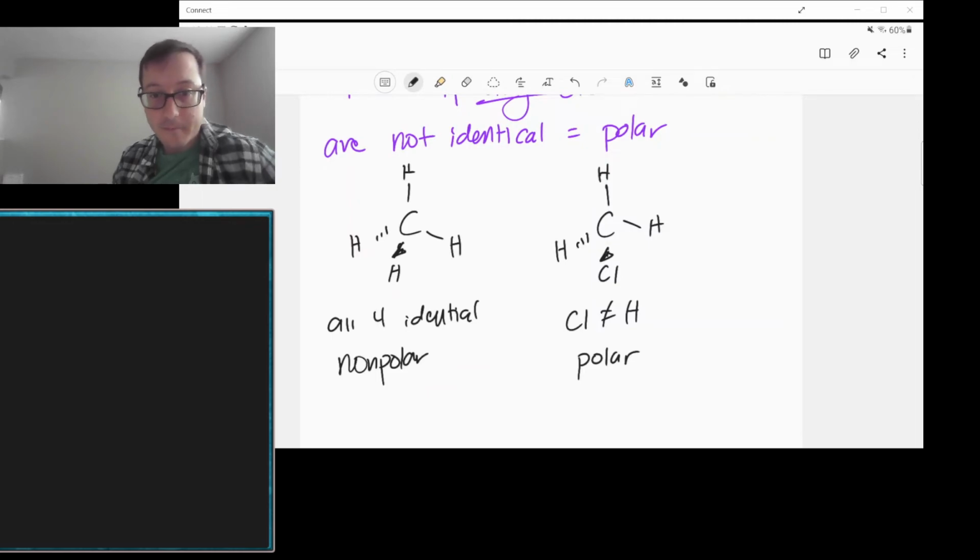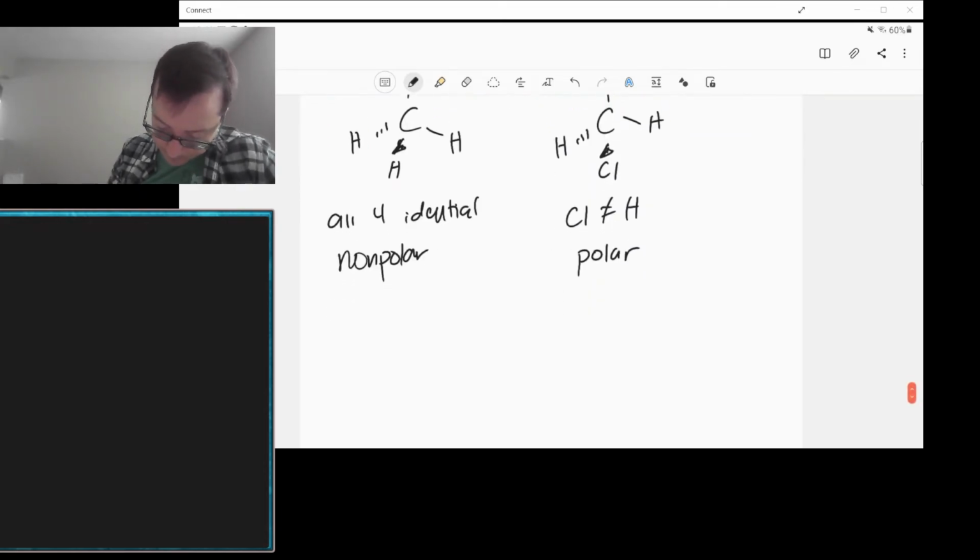Let's ask ourselves, is everything identical? If so, polar. No, sorry. If everything is identical, non-polar. If anything is not identical, it is polar. Here's another example.